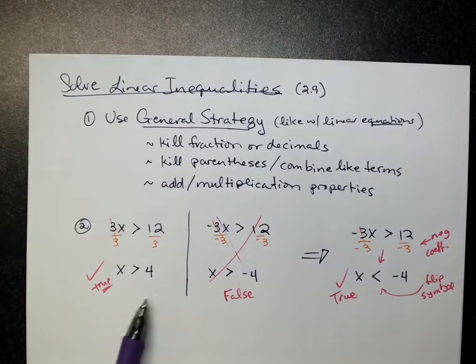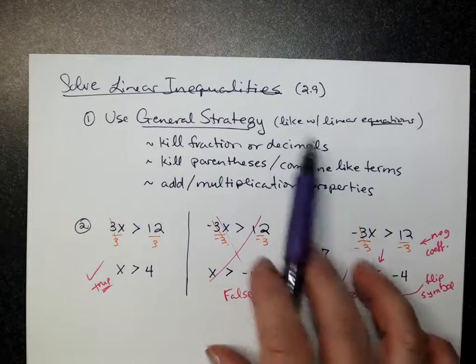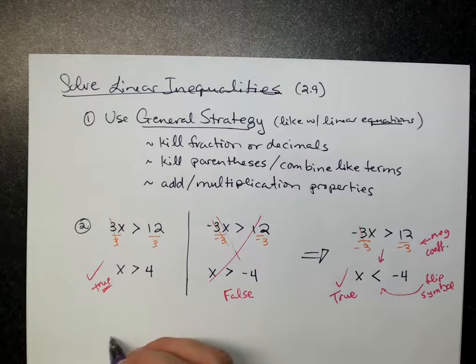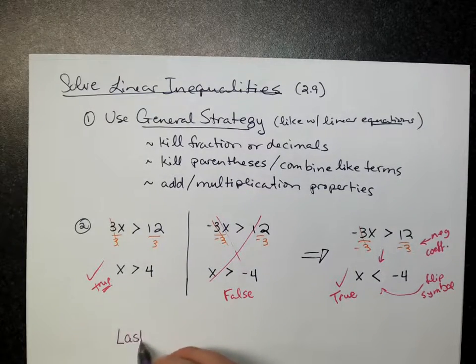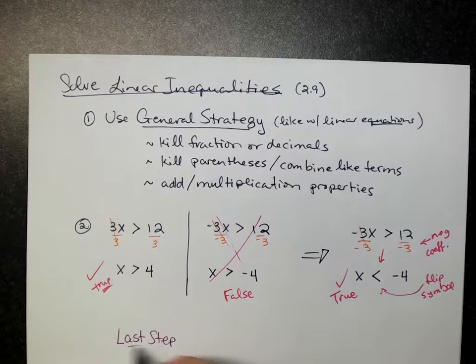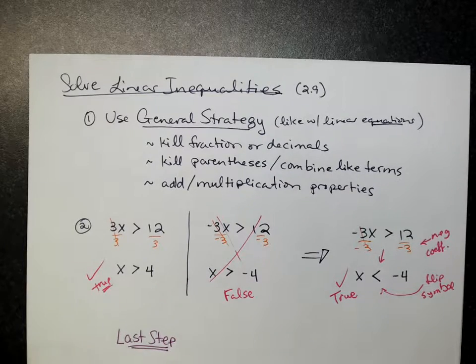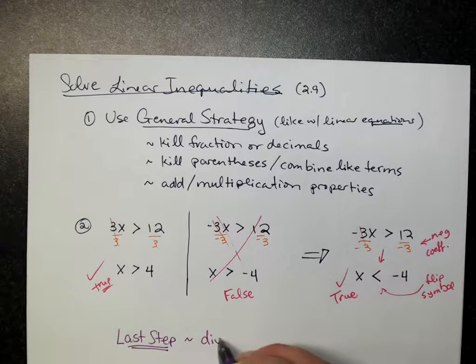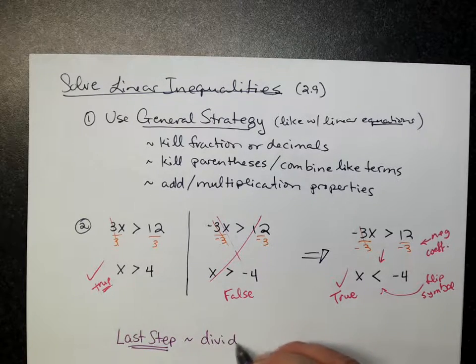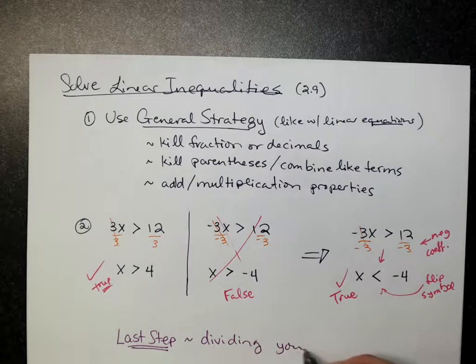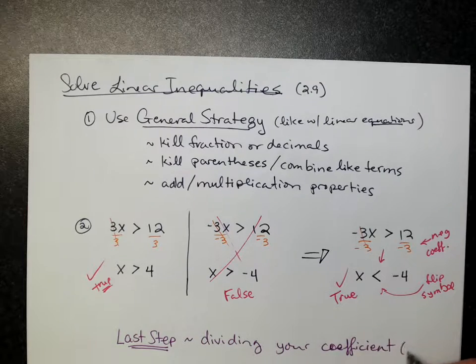So the only difference from the general strategy for equations is your last step, so you don't even have to worry about this early on. You just do positive and negative numbers, general strategy, adding, subtracting both sides, killing fractions, whatever. Your very last thing is when you're dividing away the coefficient of x.